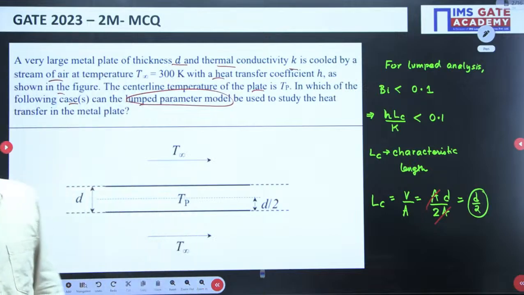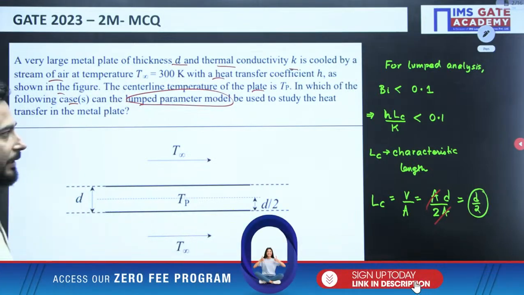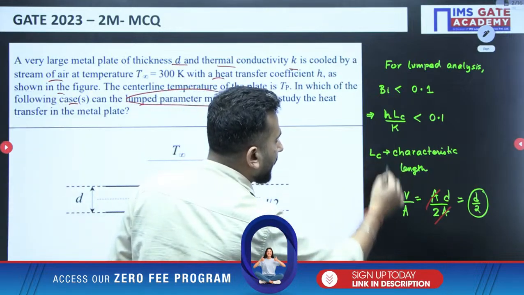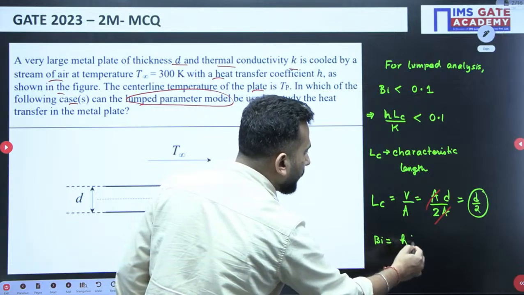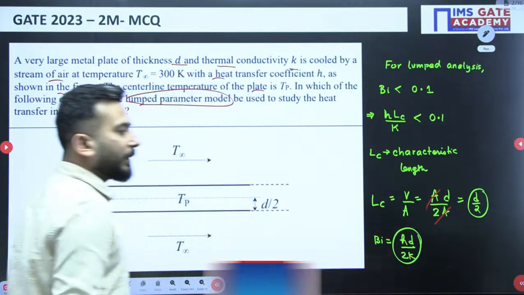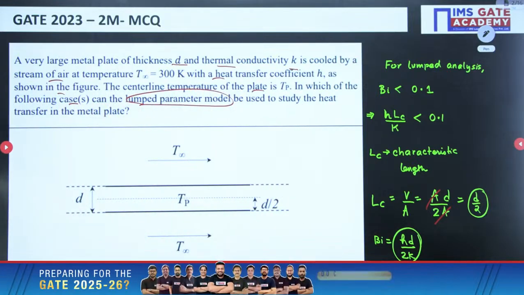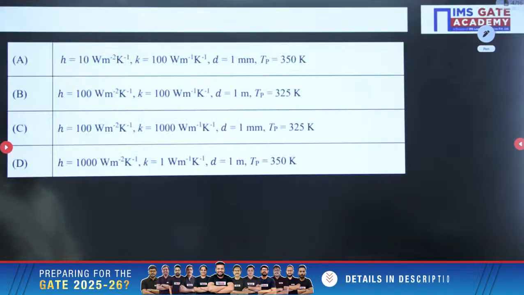So in this case the characteristic length will be D by 2. And so the Biot number in this case will be H into D by 2K. So finally what we have to do is find the value of HD by 2K, and then see which one comes out to be less than 0.1.